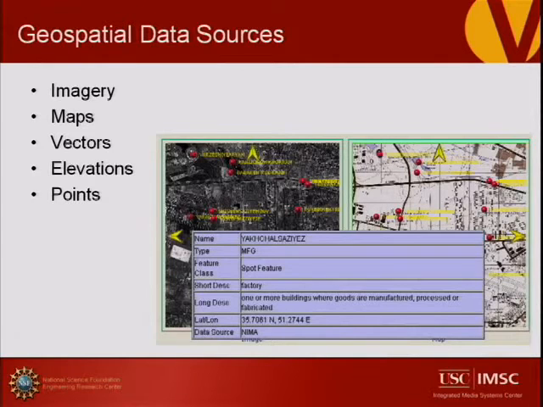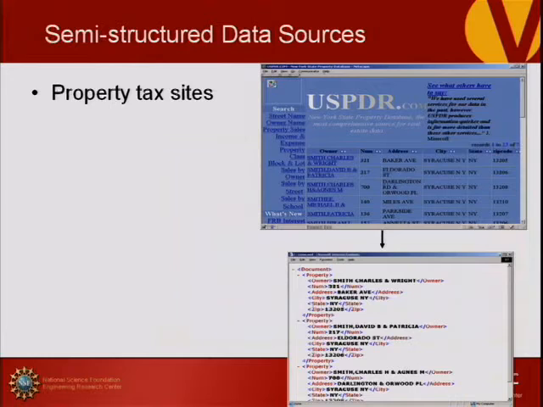A lot of point data available for around the world. Again, NGA is one source. It was called NEMO before, but that's basically lat and long of points with the description of the point and all sorts of information about it. There are a lot of websites that are not geospatial by nature, but they have geospatially related information.